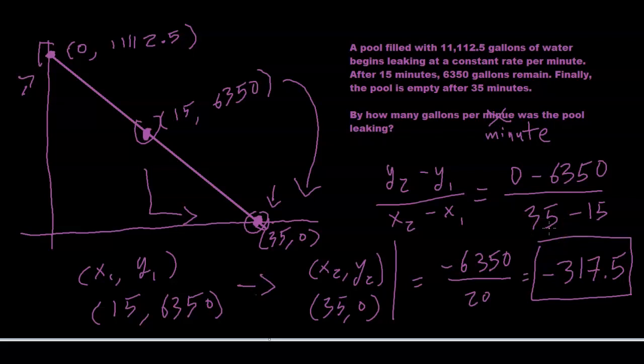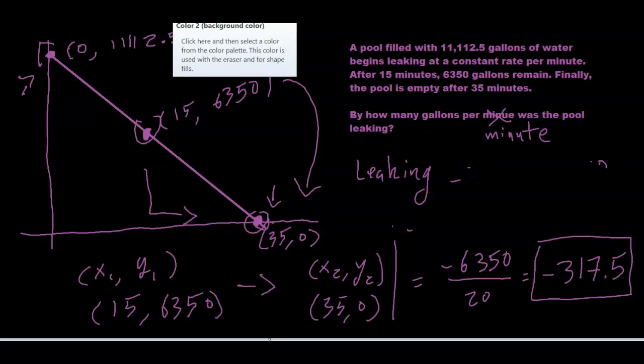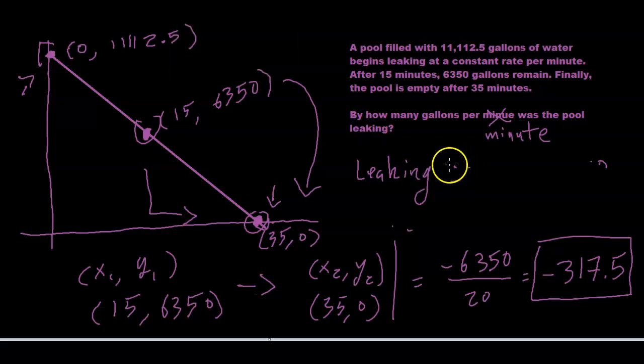Therefore, negative 317.5 is the rate of change, which means, let me get some room for me to write this statement. What does this mean? Well, it means the pool is leaking 317.5 gallons per minute.